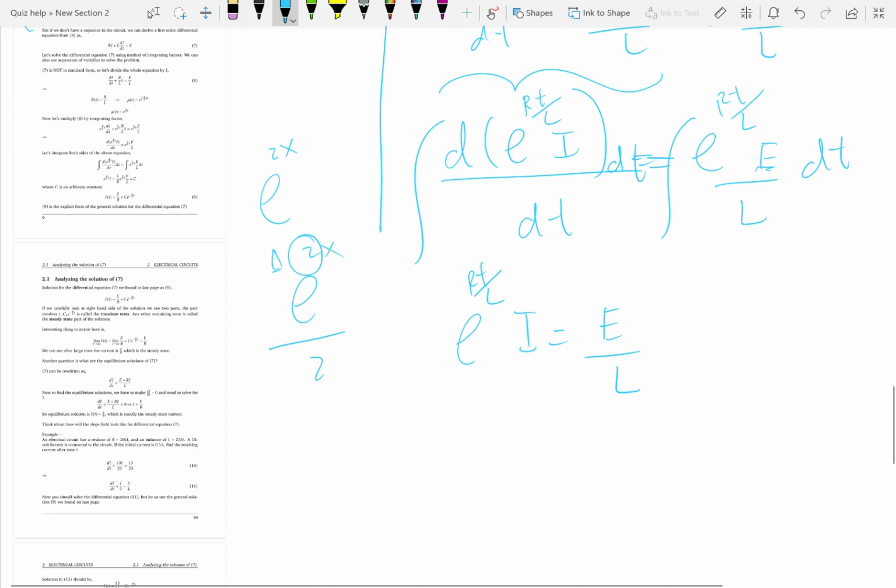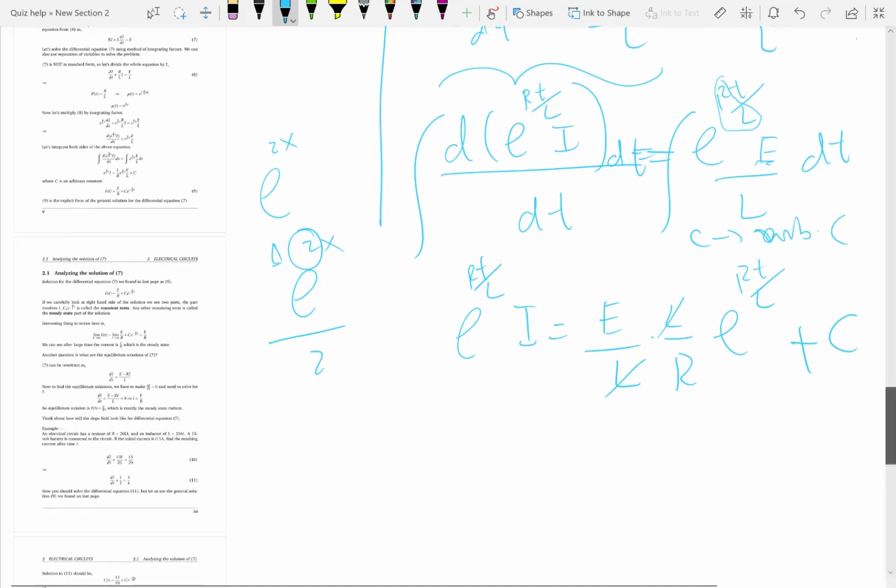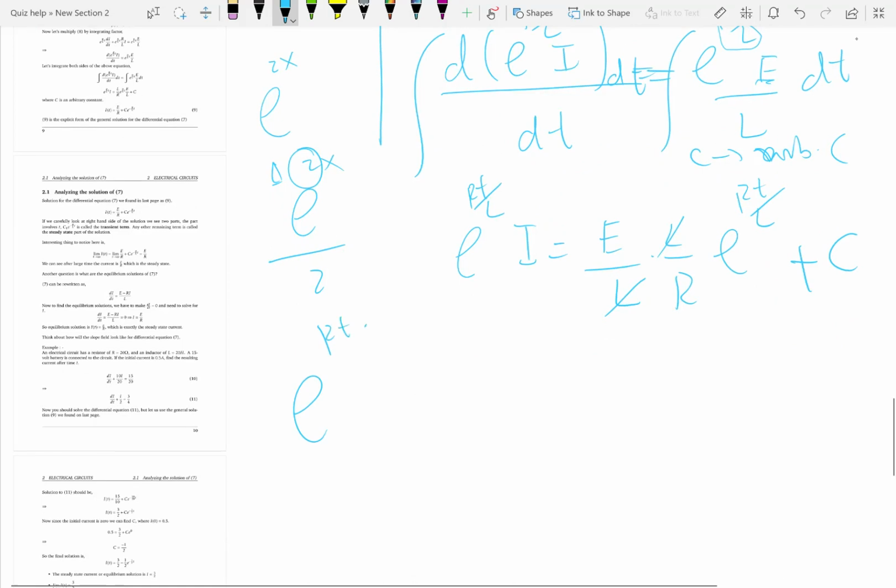So you have to divide by the constant in front of t, which is R over L. Division by R over L is the same as multiplication by the reciprocal, which is L over R, e to the Rt over L, plus C, an arbitrary constant. The L cancels out, and we get our solution: e to the Rt over L times I is equal to E over R e to the Rt over L plus C.